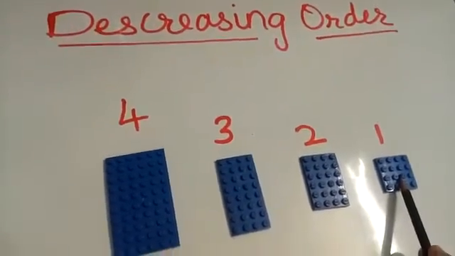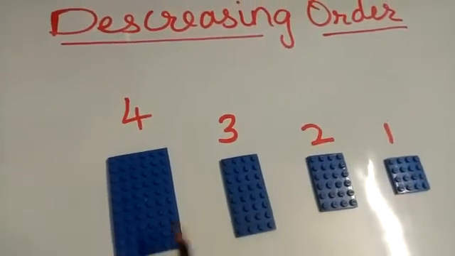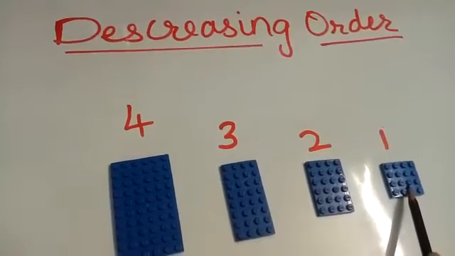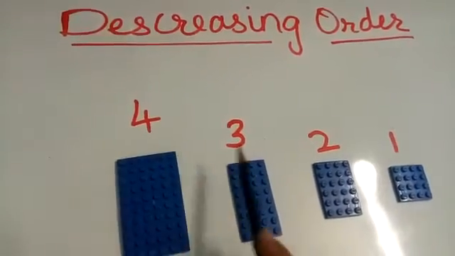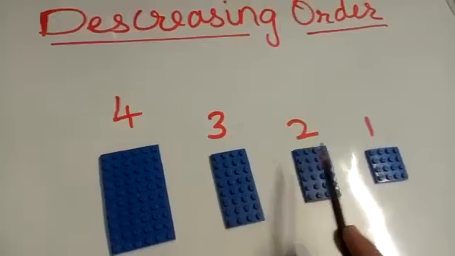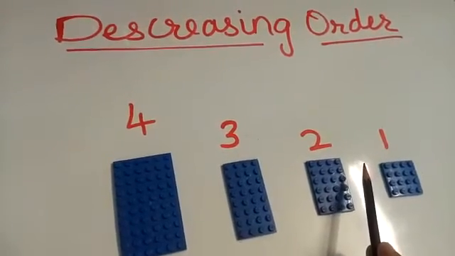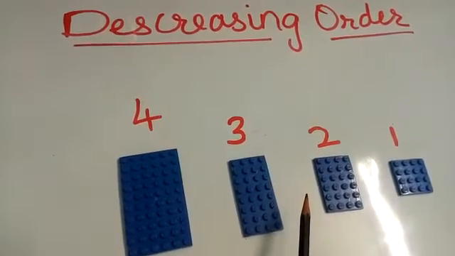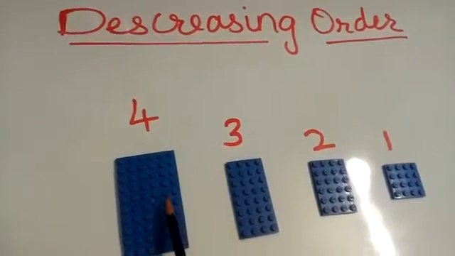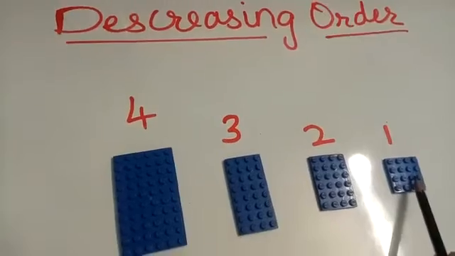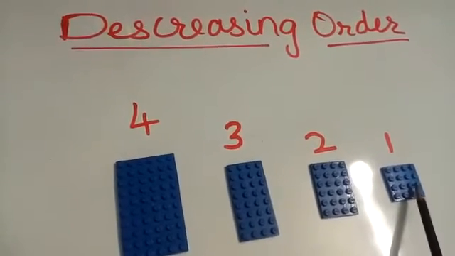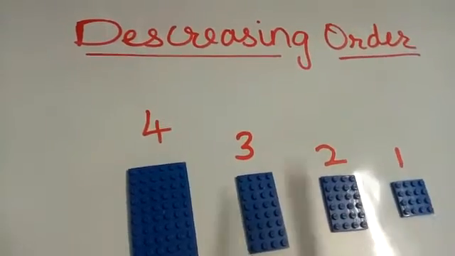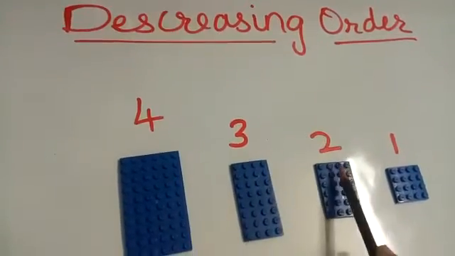So decreasing order means from bigger to the smallest one. 4, 3, 2, 1. So it's a decreasing order. In decreasing order we have to arrange from larger number to the smallest number, and it's known as decreasing order. 4, 3, 2, 1.